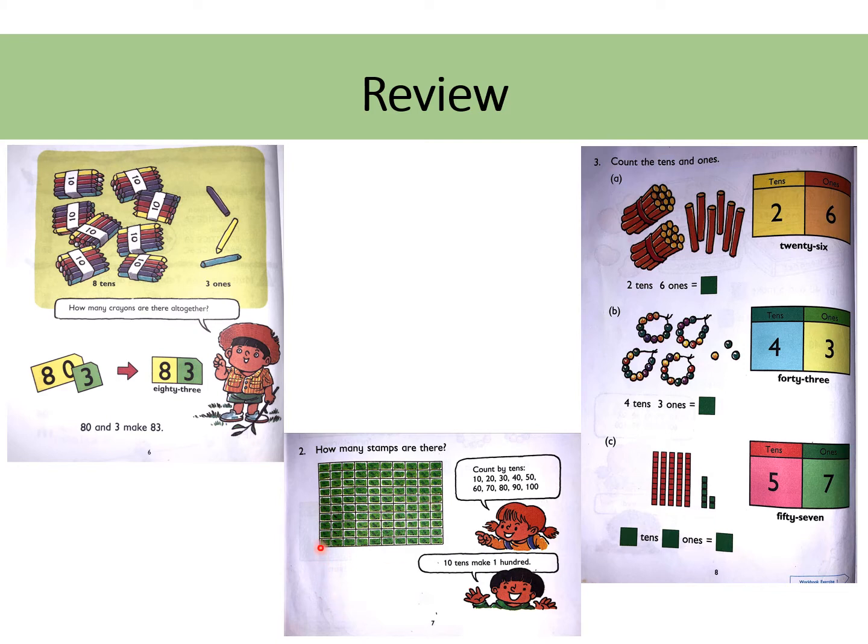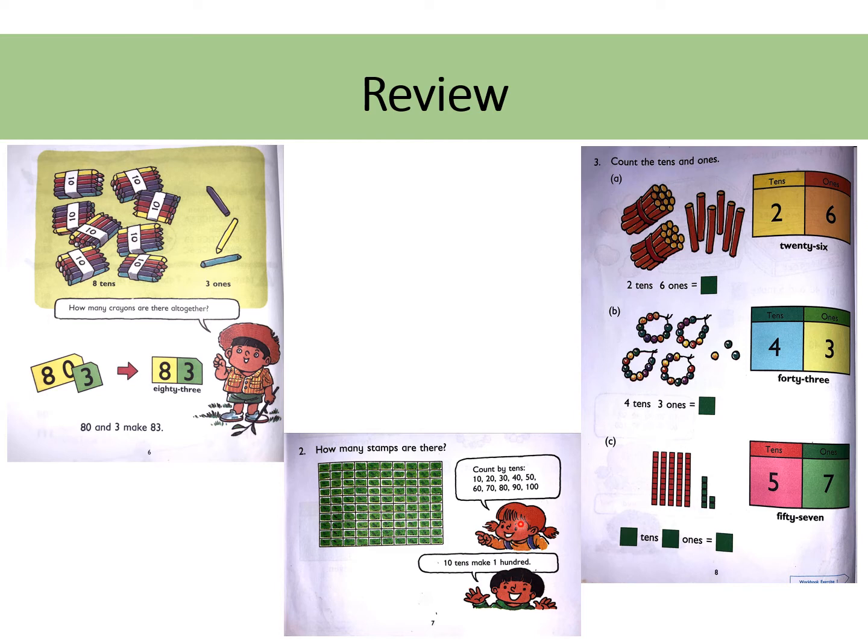Let's see, we have 1, 2, 3, 4, 5, 6, 7, 8, 9, 10. Okay, so we have 10 lines of 10 blocks because each line has 10 blocks. We have one block here, another one, 1, 2, 3, 4, 5, 6, 7, 8, 9, 10.